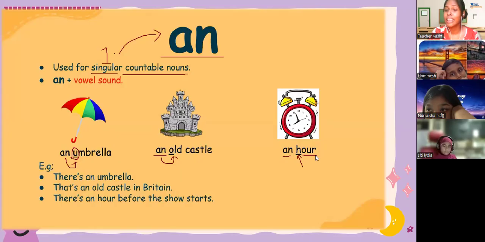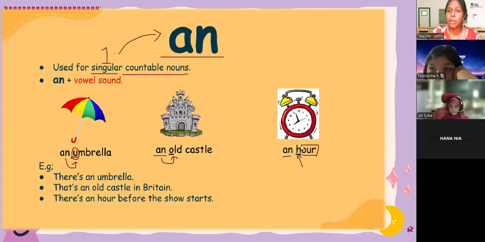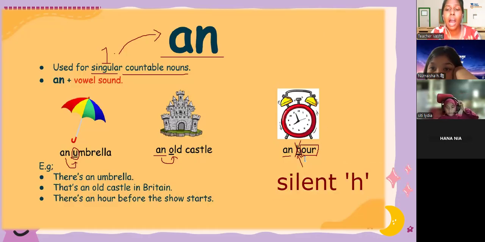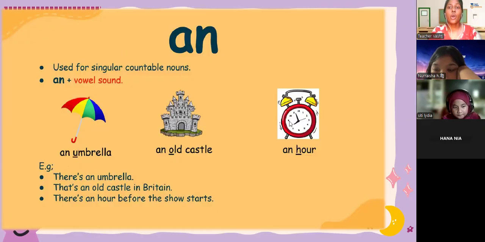For the word hour, dia punya macam O. Kalau perkataan hour ni, jangan sebut H. This H is what we call the silent H. Maksudnya, H tu kamu kena potong. Jangan sebut H. Because you say it as our, you got to use the word an. Okay? So an you use with vowel sound.